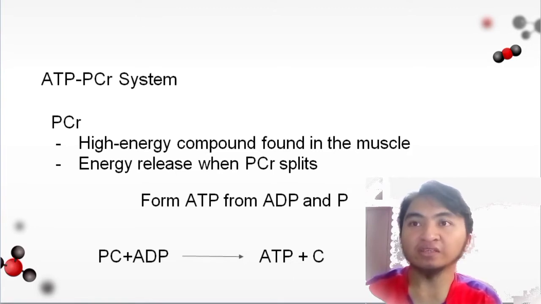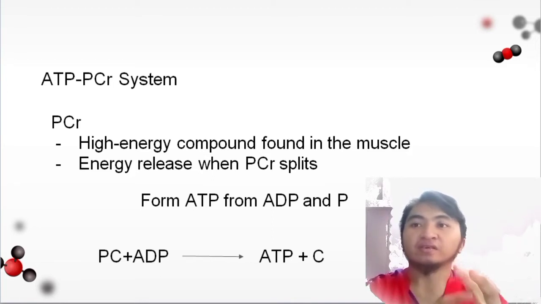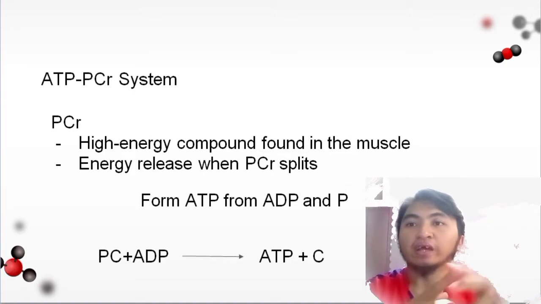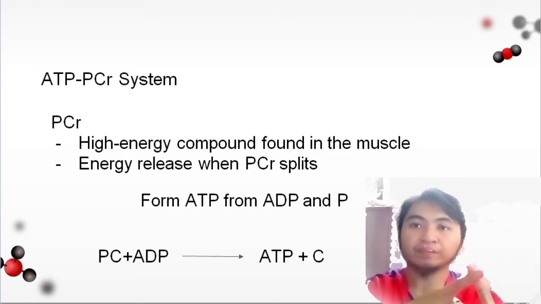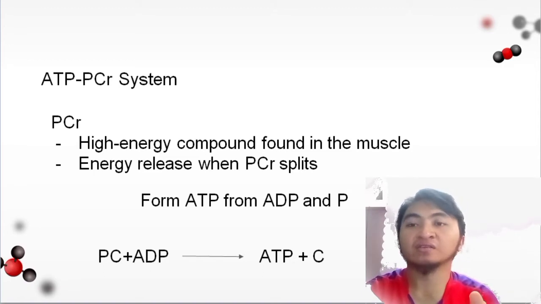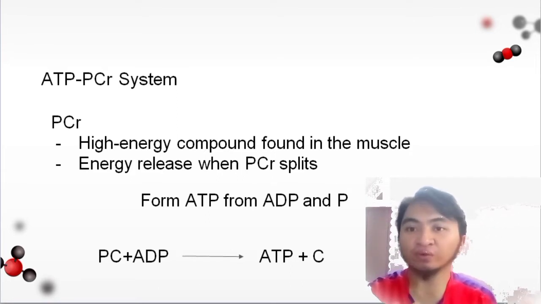The energy released when the PCR splits is used to form ATP from ADP and P. PCR is also used up shortly, so its supply needs to be replenished after it has been used.